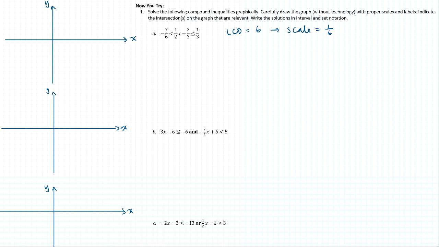Then 2/6 is equal to 1/3, and we can find where negative 7/6 is by counting down 7 slots: negative 1/3, negative 3/6, 4/6, 6/6, which would be negative 1, and negative 7/6 right over here. That's how we can use the scale for the y-axis to graph things nicely.